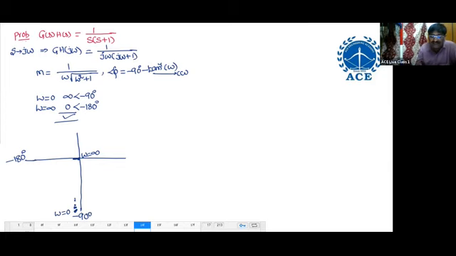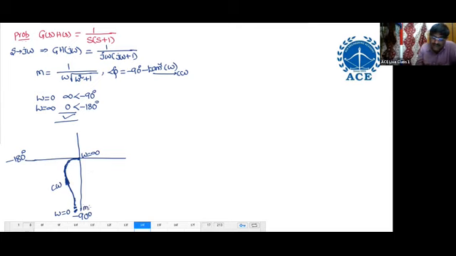It intersects minus 90 degrees at infinity, then moves towards minus 180 and ends at minus 180. What is the direction? Clockwise.